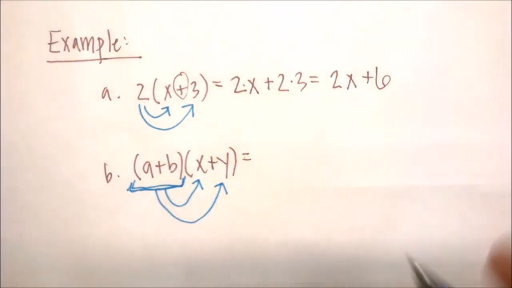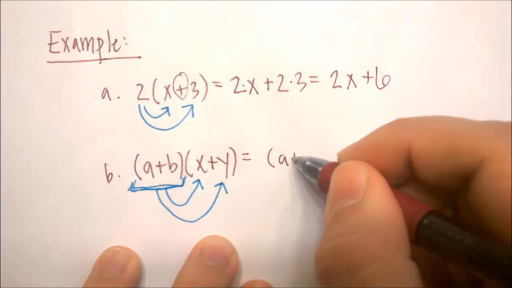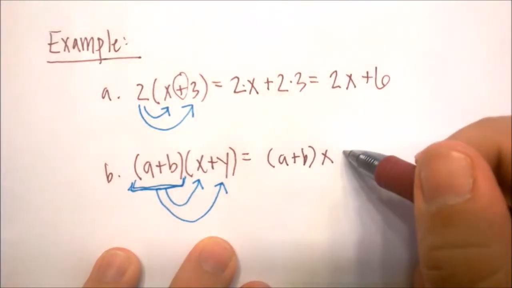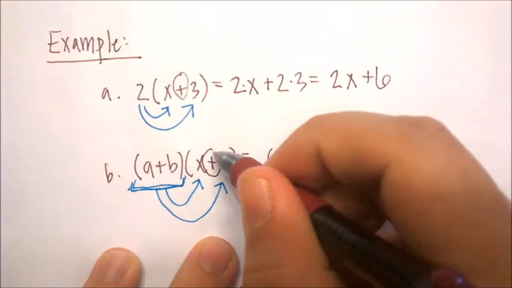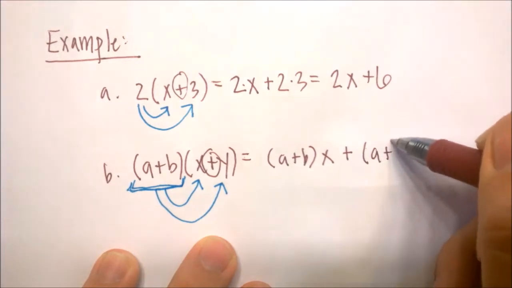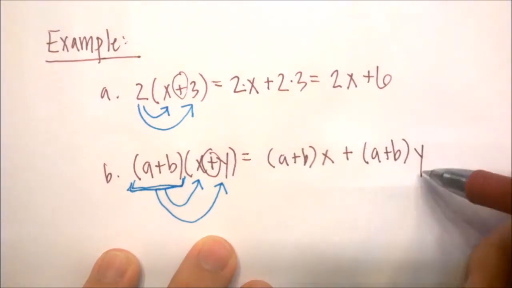So here we have a plus b times x, that was the first step, plus, that's the operation here, a plus b times y.